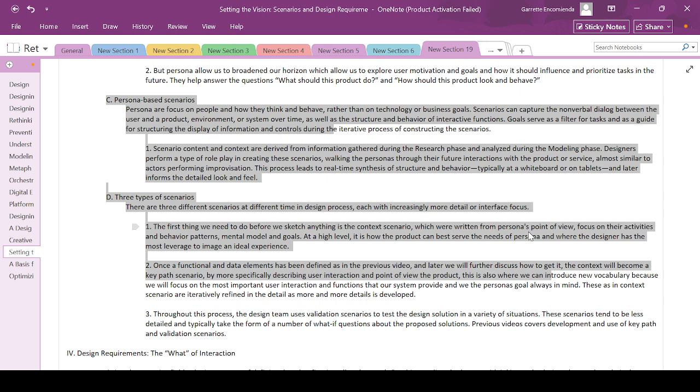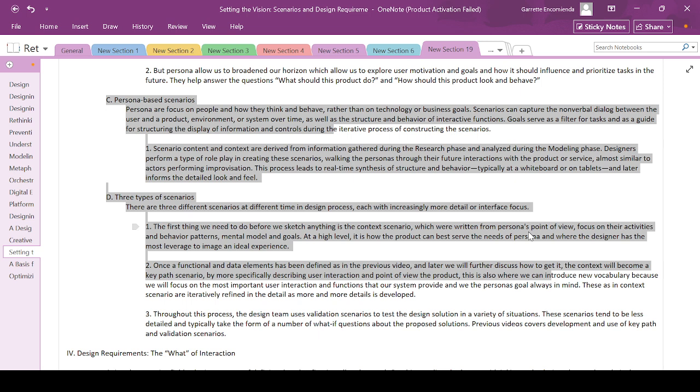They walk the persona through their future interactions with the product or service, almost similar to actors performing improvisation. So we're trying to really understand what's going on in the customer's mind in a high-level view, remaining focused on the user's goal and task.